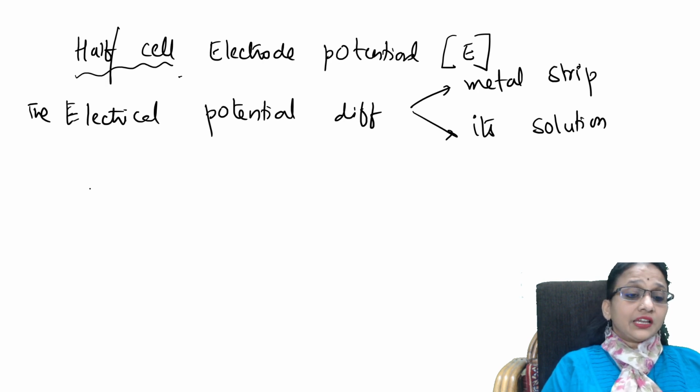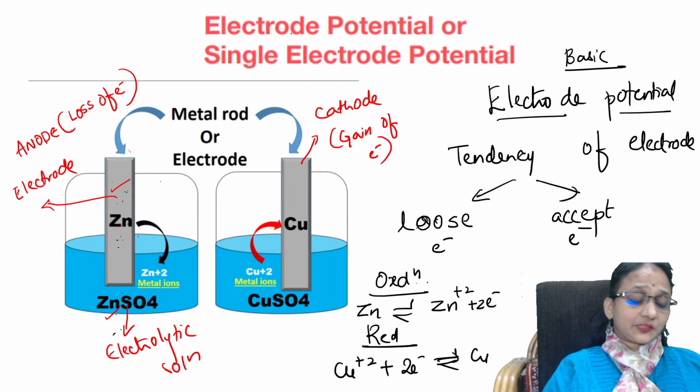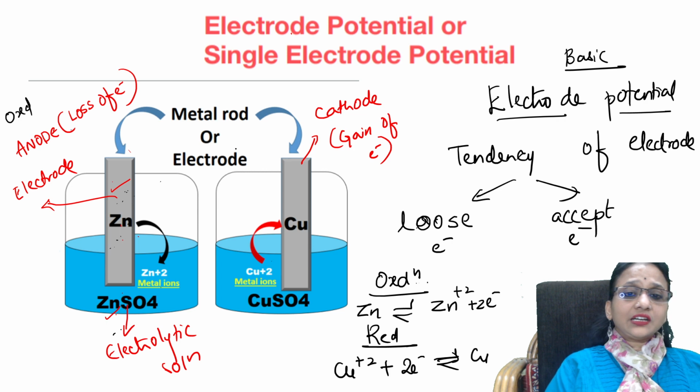Remember, let us make this the second point. In this particular cell, the tendency of oxidation is happening at the anode: oxidation at the anode, reduction at the cathode.